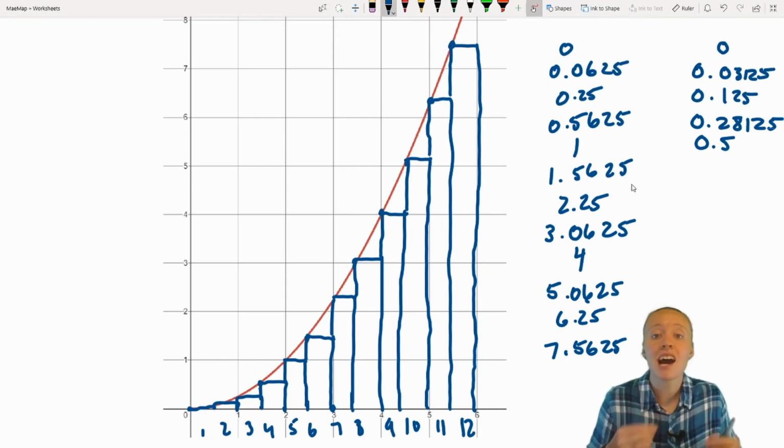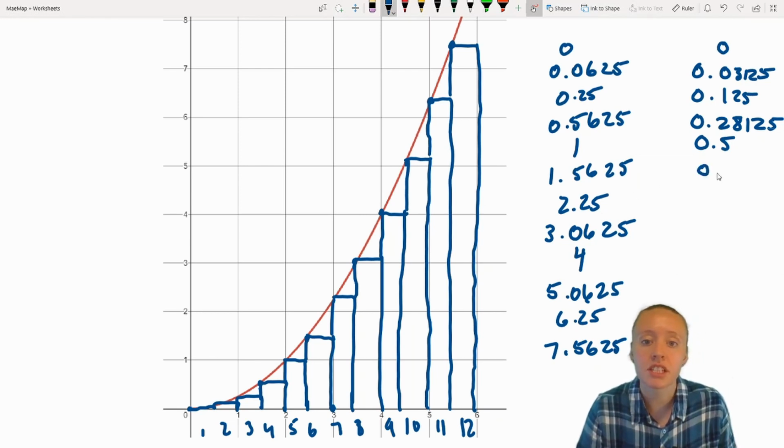1.5625, multiplying that by a width of 1/2, essentially dividing by 2, that's going to be 0.78125.